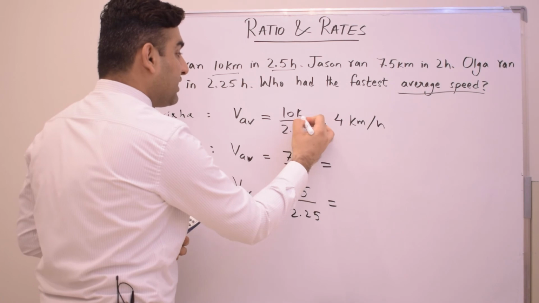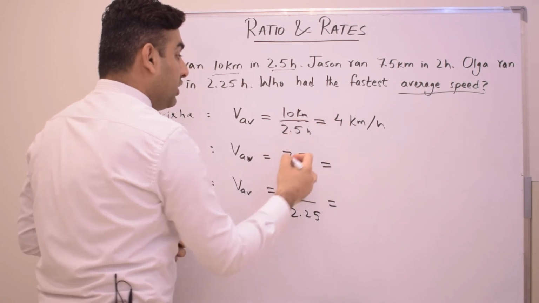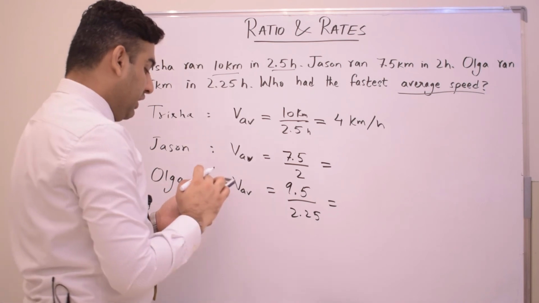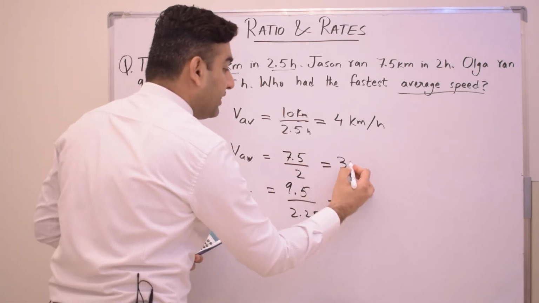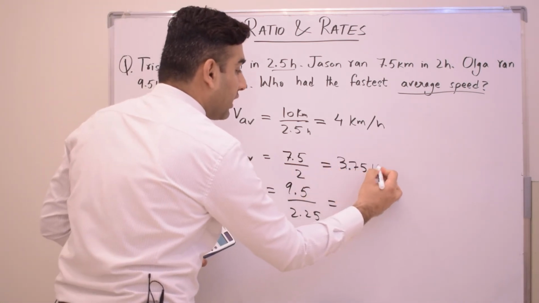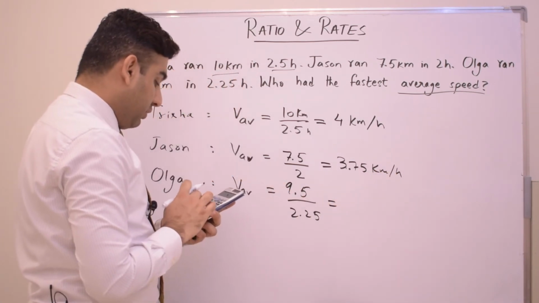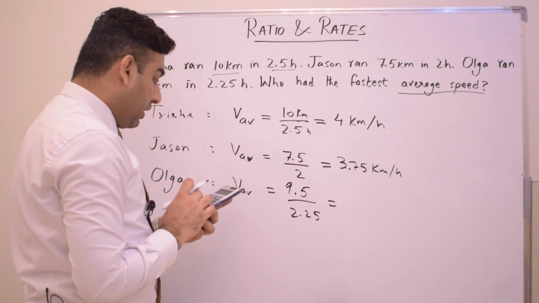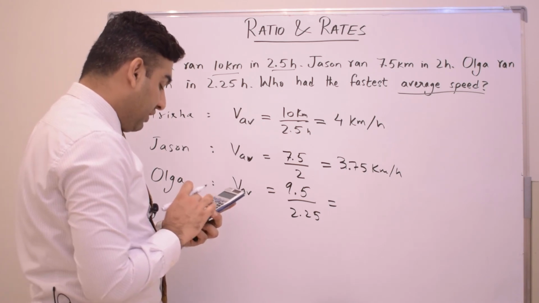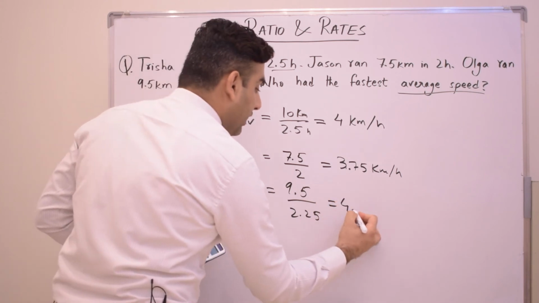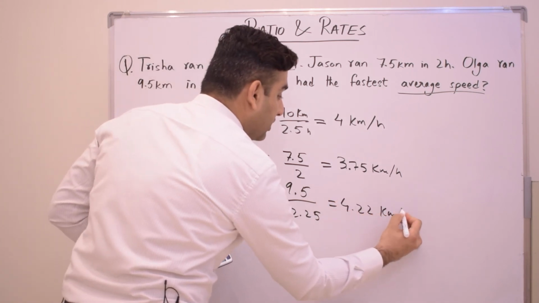Because here is the kilometer and here is the hour, so guys, now 7.5 divided by 2 comes to 3.75 kilometers per hour. And if I divide for the rate of Olga, 9.5 divided by 2.25, I will get the answer 4.22 kilometers per hour.